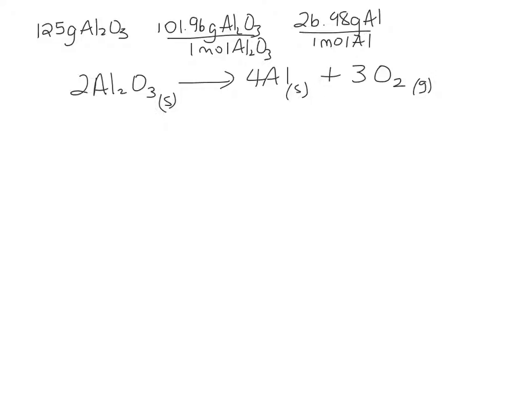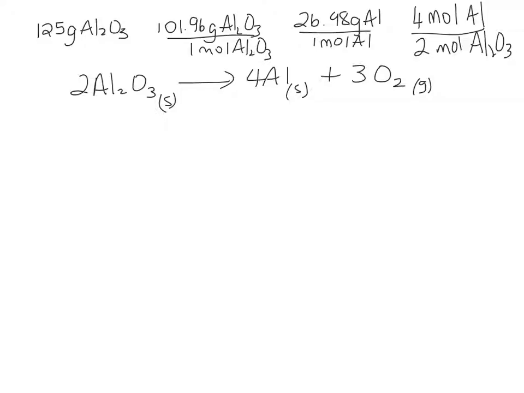We know the molar mass of our reactant. We know the molar mass of our product. And we know the mole ratio of substance B and substance A. So there's 4 moles of aluminum produced for every 2 moles of aluminum oxide reacted.